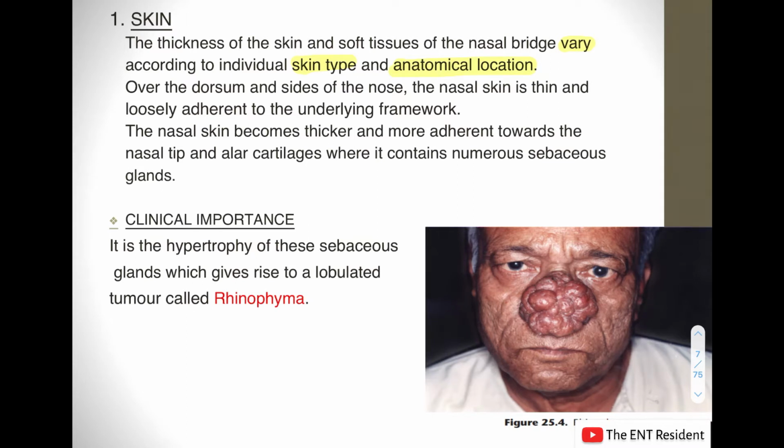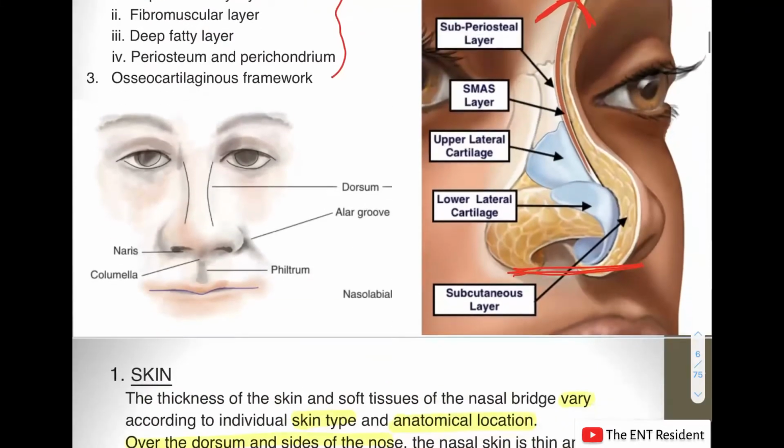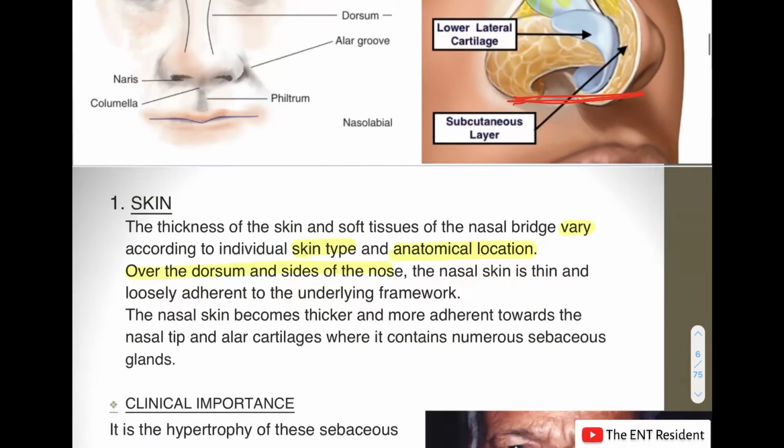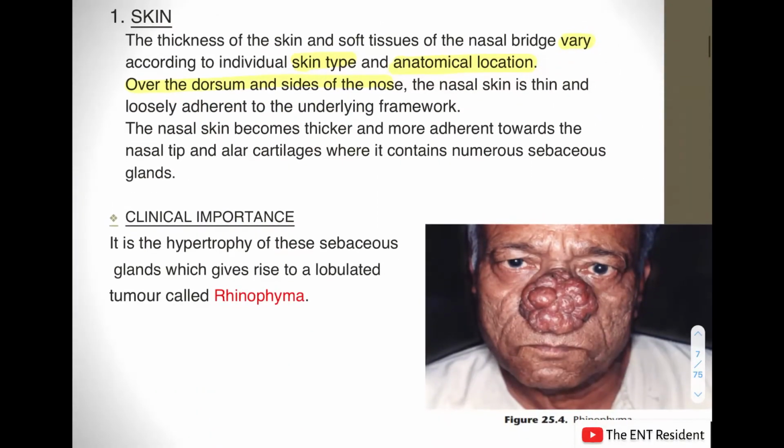And how is that? Firstly, over the dorsum and the sides of the nose, which is this particular region, you will see the nasal skin is very thin and it is loosely adherent to the underlying framework.